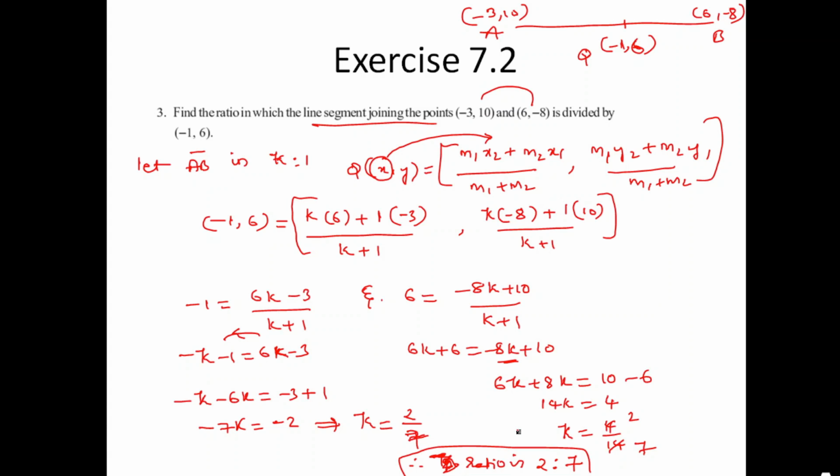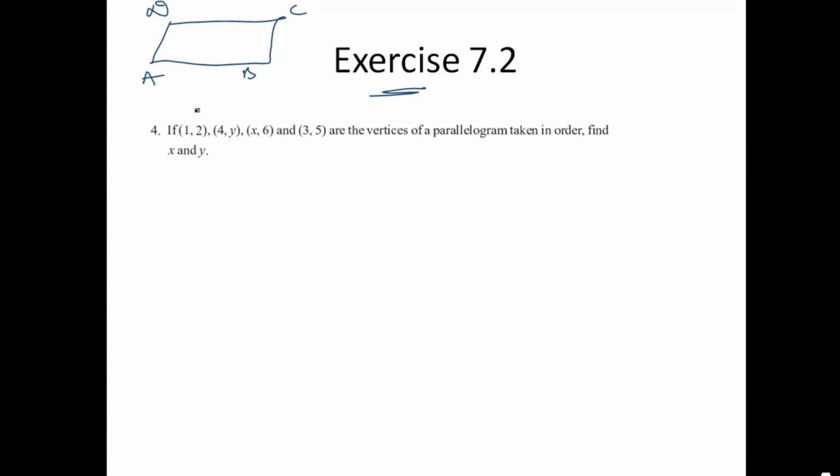Now with this one, you have some vertices, and the diagonals bisect each other, isn't it? The diagonals should be bisecting each other. That is, I can write here the midpoint of AC should be equivalent to the midpoint of BD.